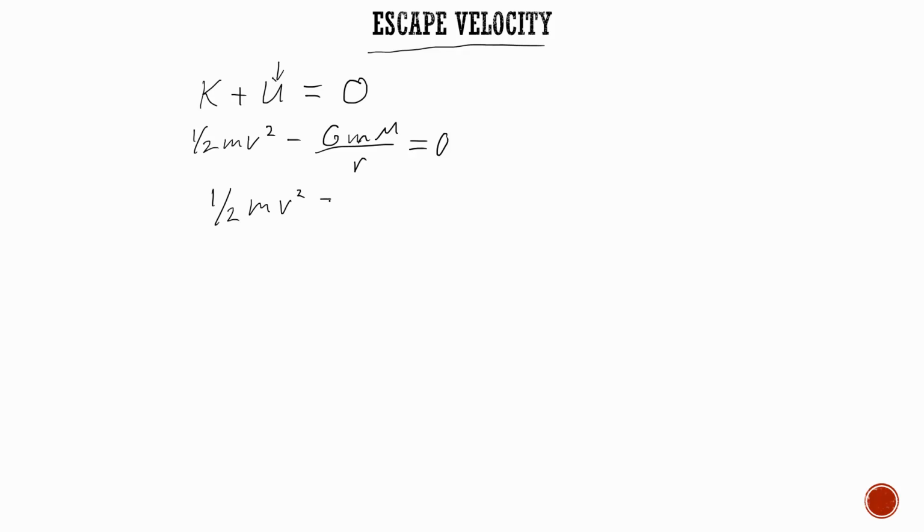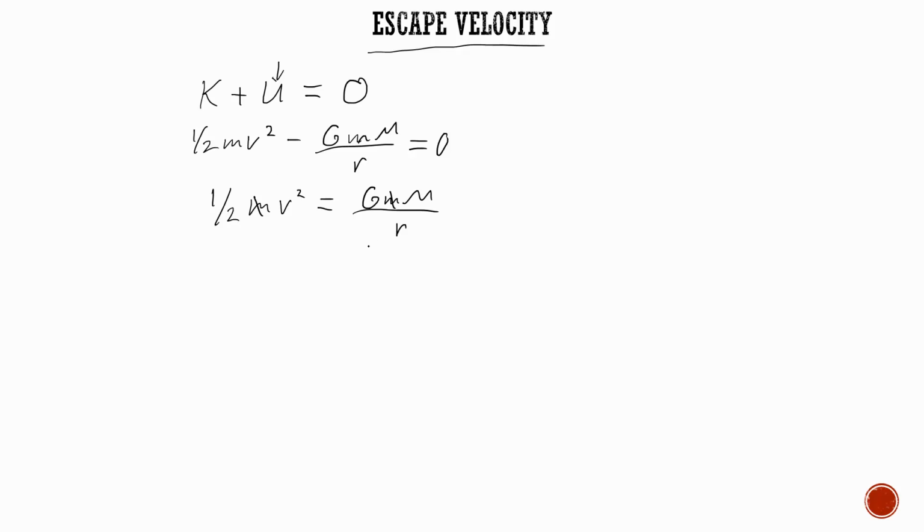So basically the potential energy equals the kinetic energy, and then we just solve this for velocity. The masses cancel out, so the mass of the object doesn't matter. By the way, we're ignoring air resistance with this.